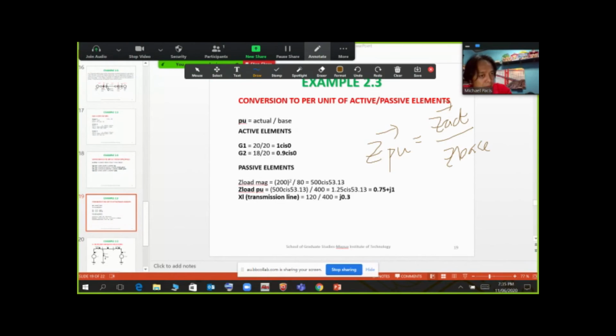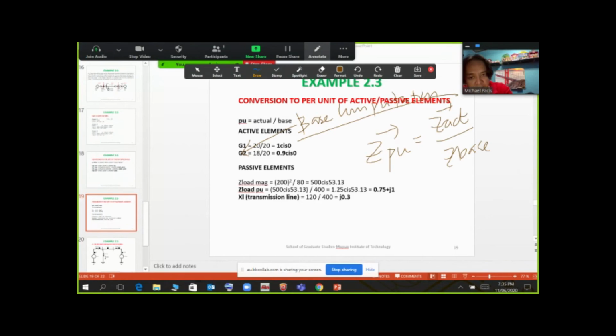Please take note, by the way, before we go forward, this is just a review. When you have a base computation, the value must be in terms of magnitude. All of the parameters that you compute on base computations are magnitude wise. So when you divide it, there's no angle.